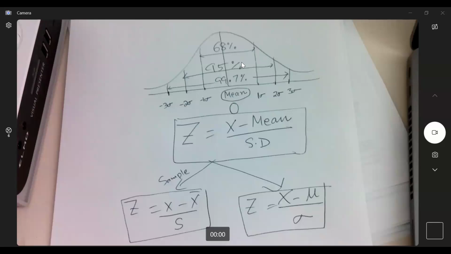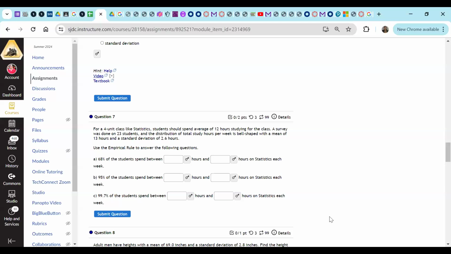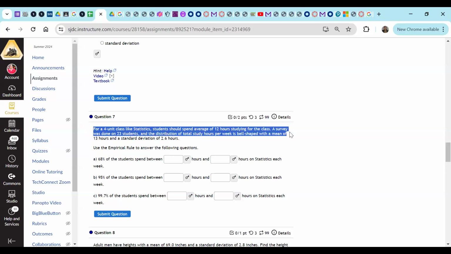Taking us back to your homework 2.7, where I was. This was the question where I left you off and I said we will continue. This question says that for a 4-unit class like statistics, students should spend an average of 12 hours studying for the class. A survey was done on 23 students and the distribution of total study hours per week is bell-shaped with a mean of 13 hours and a standard deviation of 2.6 hours.